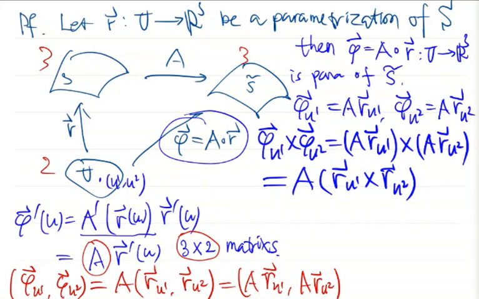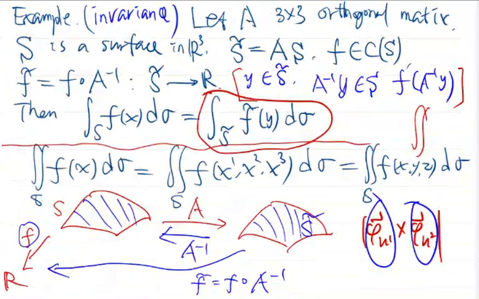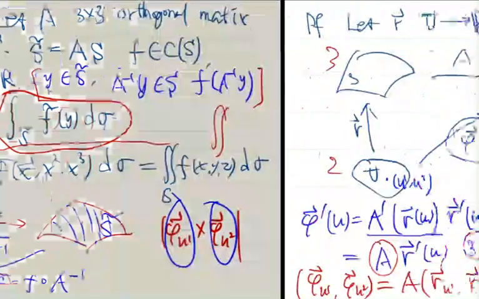But this is true for an orthogonal matrix A, because an orthogonal matrix represents an orthogonal transformation which will not change the norm of a vector, and also will not change the angle between two vectors. So by the geometric meaning of cross product, you will obtain this equality. Okay, so this is very important. Having obtained this, the invariance property of our surface integral follows immediately.